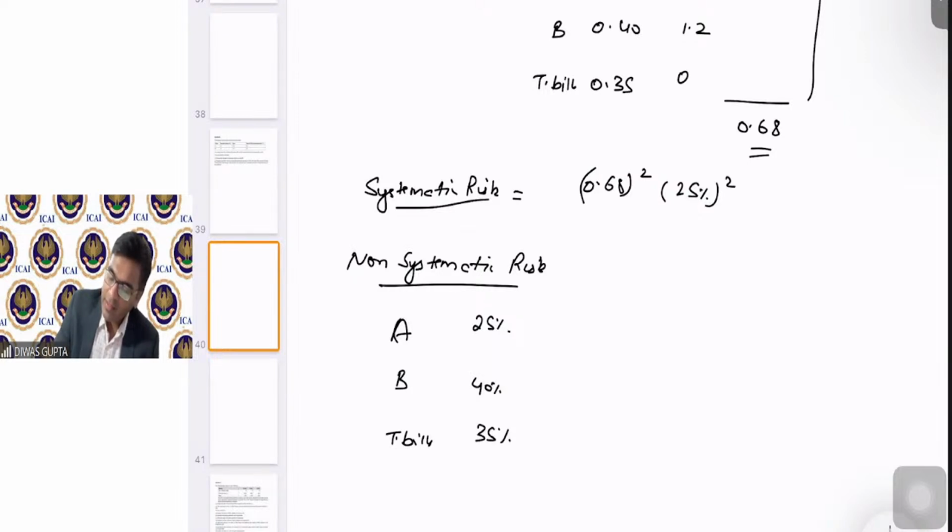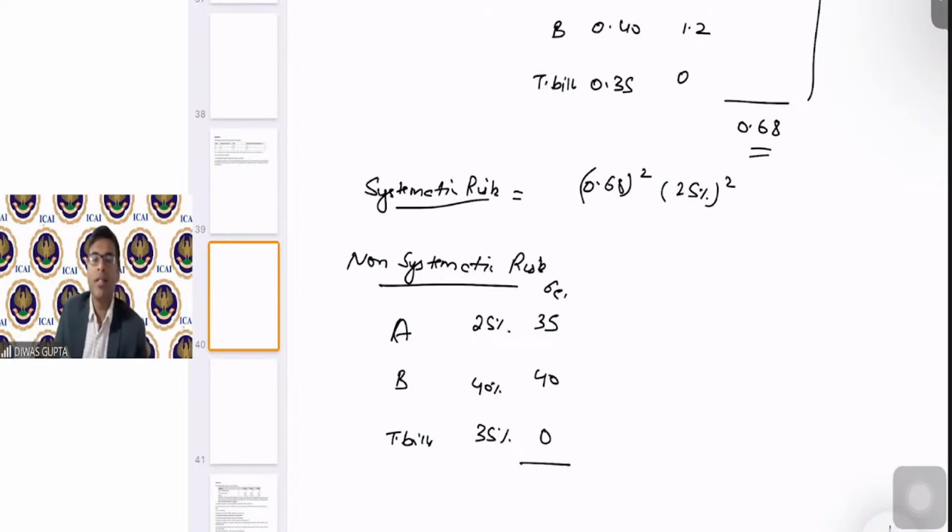And lastly, the residual variance. Residual variance will be 30, is actually 35, 40. And now tell me, students, what should I take here as a residual variance? For treasury bills, the residual variance will be 0, students.